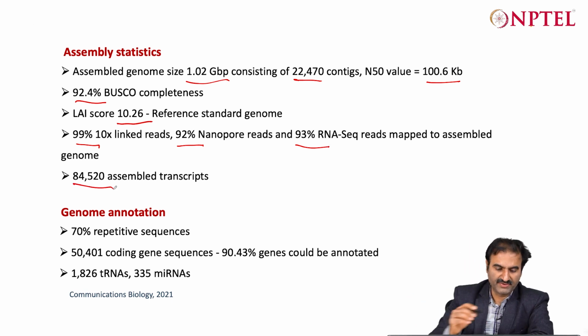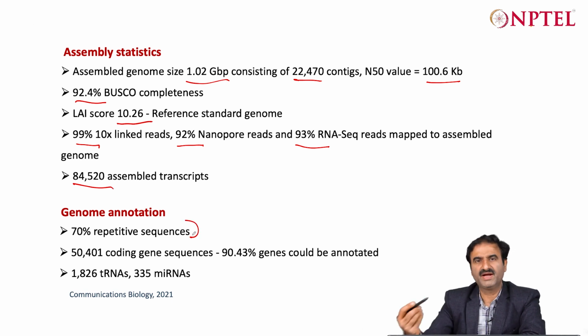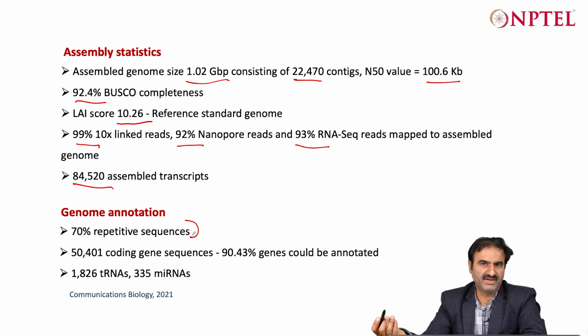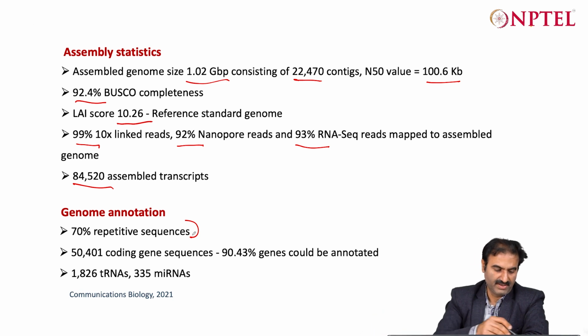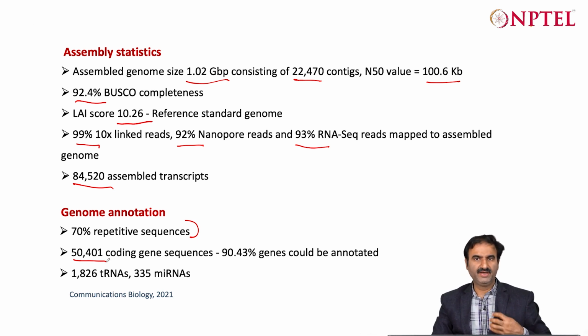And 84,000 assembled transcripts were made. The repeats were identified; generally plants have higher repeat content, like 70% or more. The 54,000 protein coding genes were identified, of which almost 90% could be annotated.